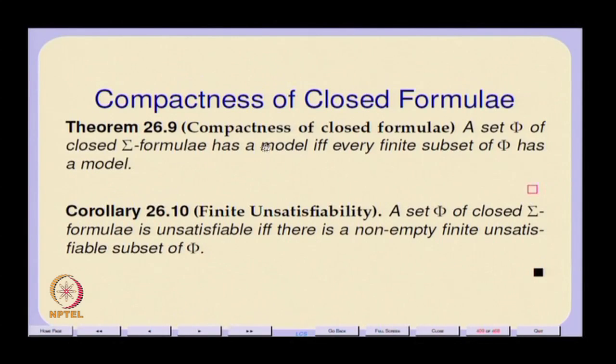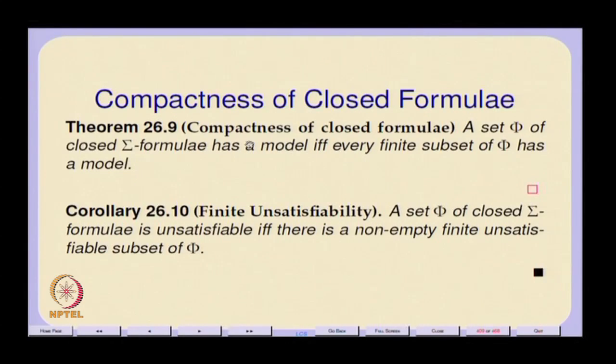And this in fact follows straight from the compactness theorem for closed formulae. The contrapositive of this if and only if gives you what I might call a finite unsatisfiability corollary.